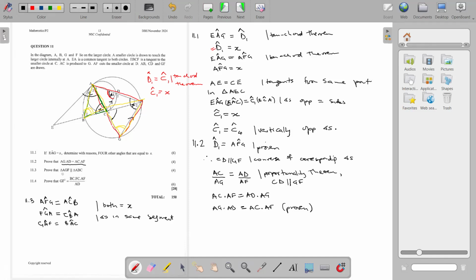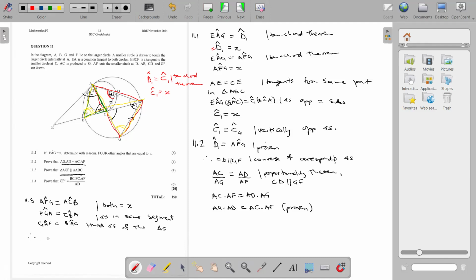With similarity, it's very important to check the order of the vertices. The reason for this one is the third angles of the triangles. Since you have proven that two corresponding angles are equal, it therefore means that the third angles are also equal.